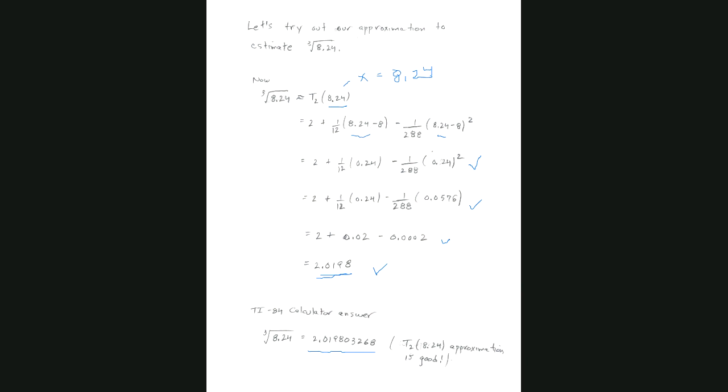That's an example of using a Taylor polynomial approximation. That's a section 8.8 example, and of course, we'll continue 8.8 on Monday. Are there any questions at all?